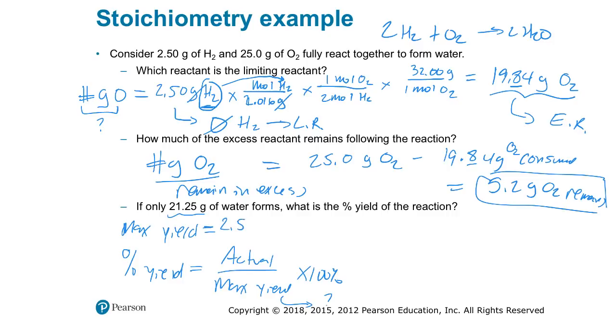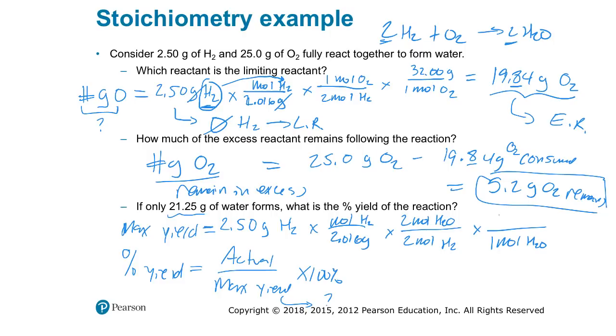So we can take our limiting reactant, 2.016 grams per mole. Then we use the 2 moles of H2. When they react, we form 2 moles of water. And then finally, 1 mole of water has a mass of 18.02 grams.